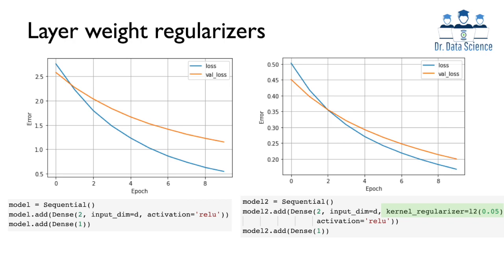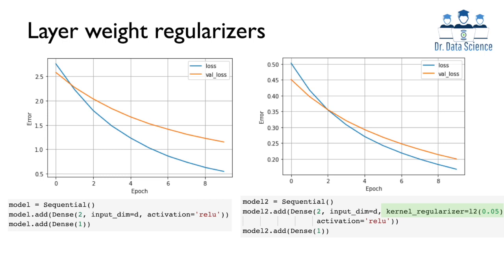But on the right side, you can see that in Keras we can simply add this regularization term, which is this kernel regularizer, and you can add L1 or L2. Remember, this shows whether you want to have the sum of the squares or the sum of the absolute values.